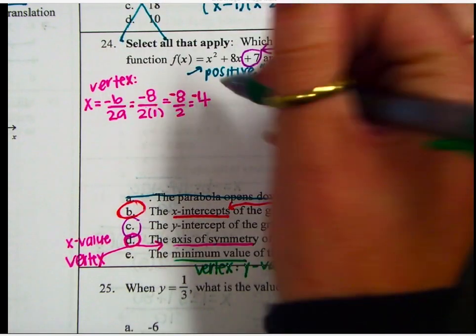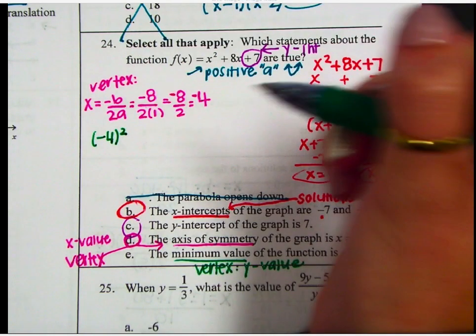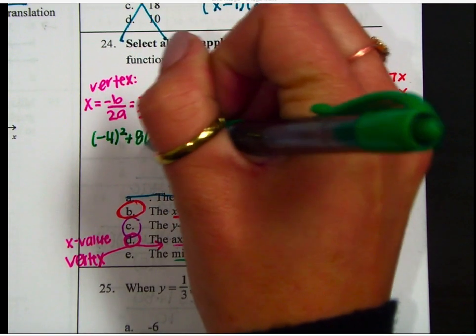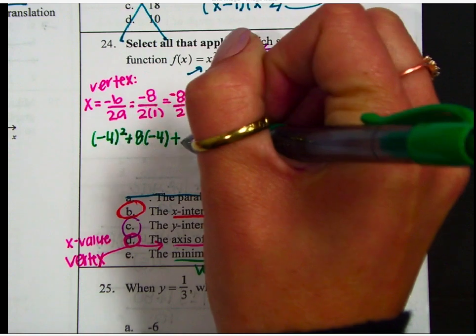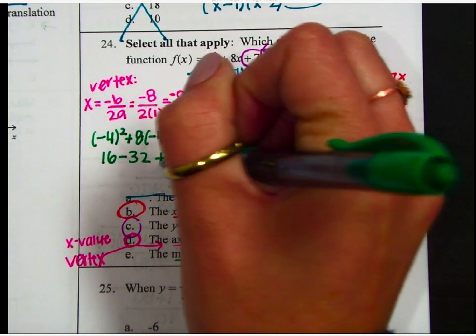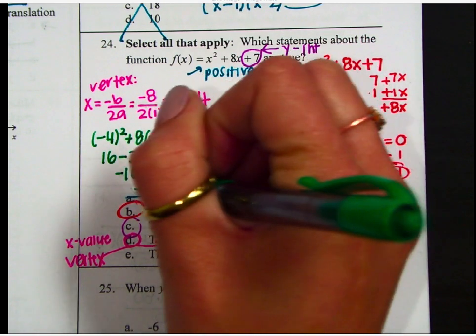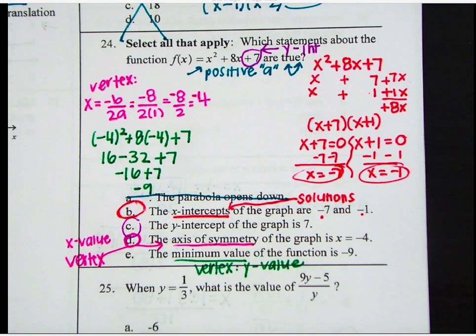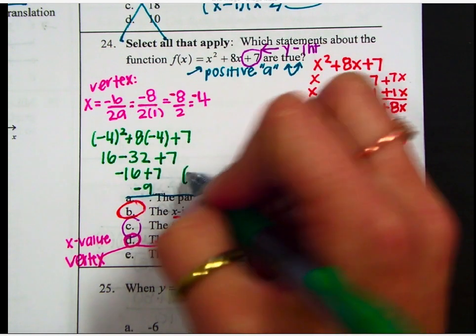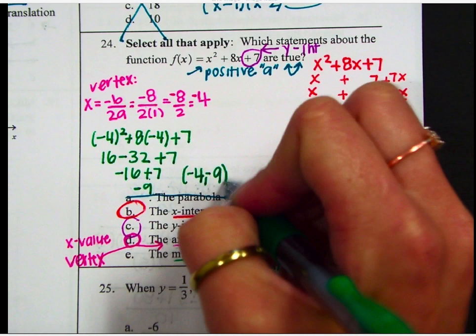So I get negative 4 squared plus 8 times negative 4 plus 7. So 16 minus 32 plus 7. 16 minus 32 is negative 16, and negative 16 plus 7 is negative 9. So overall, big picture, our vertex is negative 4, negative 9.